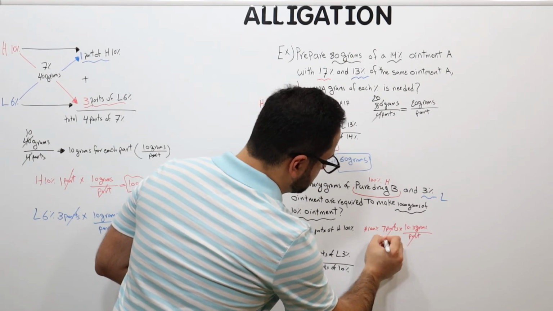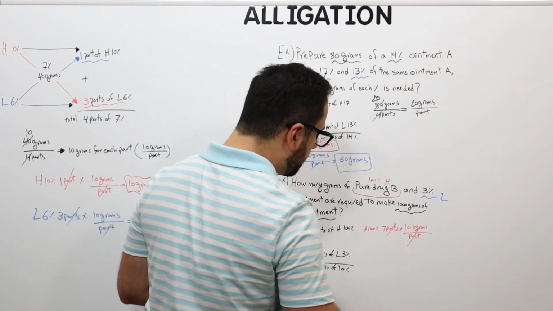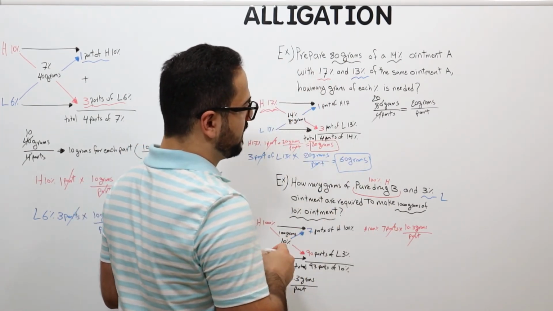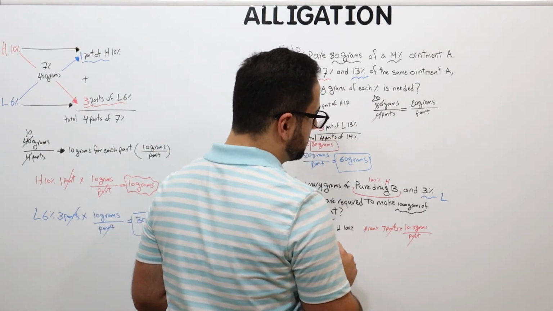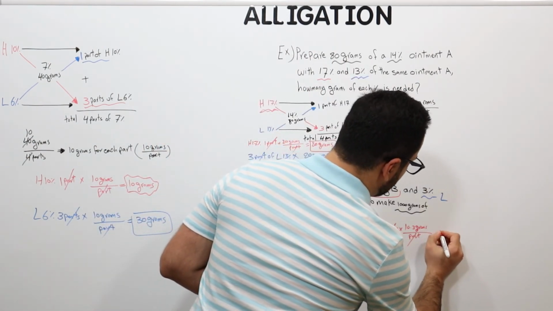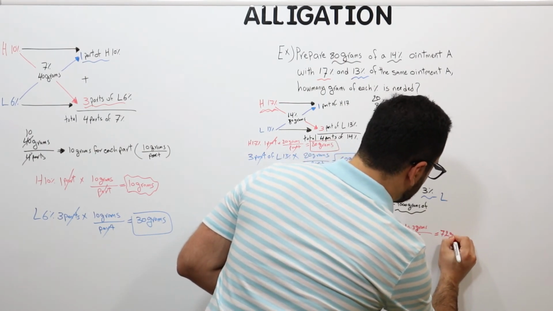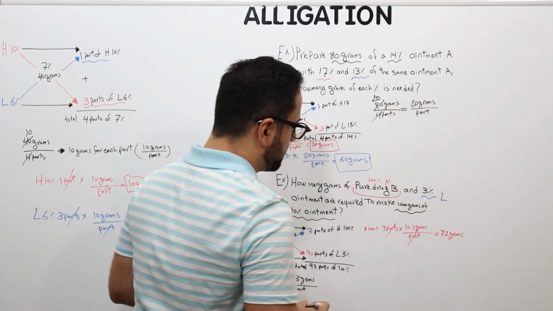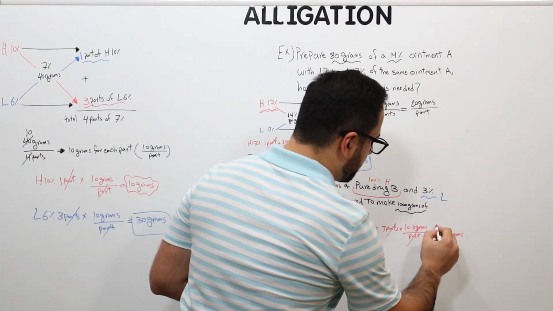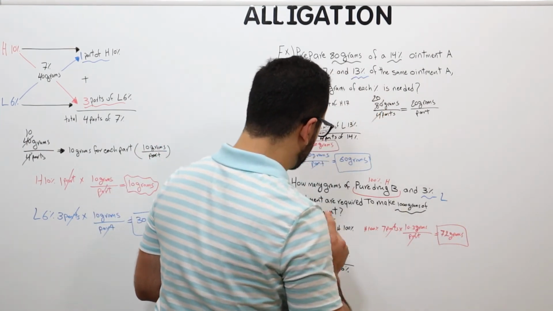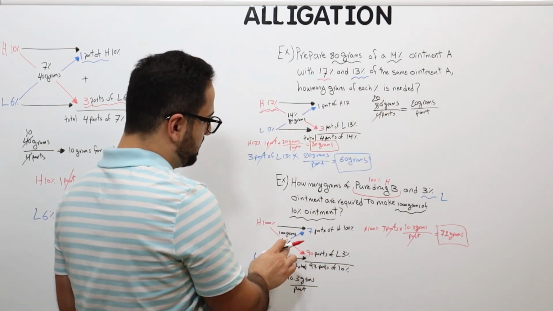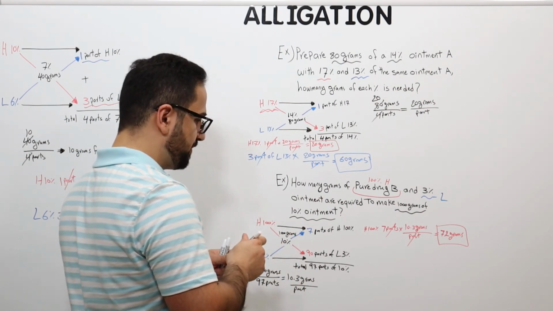So we take parts with part. 7 times 10.3 gives you around 72 grams. So we need 72 grams from the higher concentration to make up the desired 10% concentration.